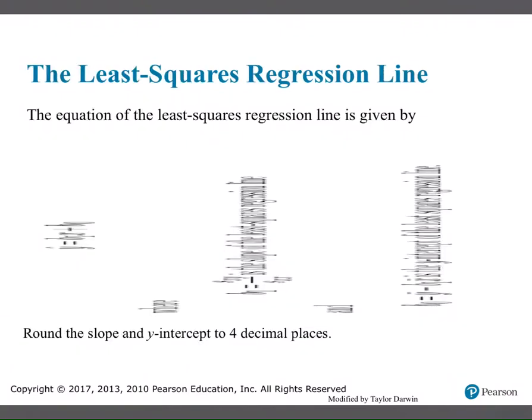Okay, it says the equation of the least squares regression is given by, I am not sure what's happening to all this formatting, but I will definitely write it for you. It looks just like that line we looked at earlier, but it's specific to a least squares regression. So it says y hat is equal to b sub 1 times x plus b sub naught.